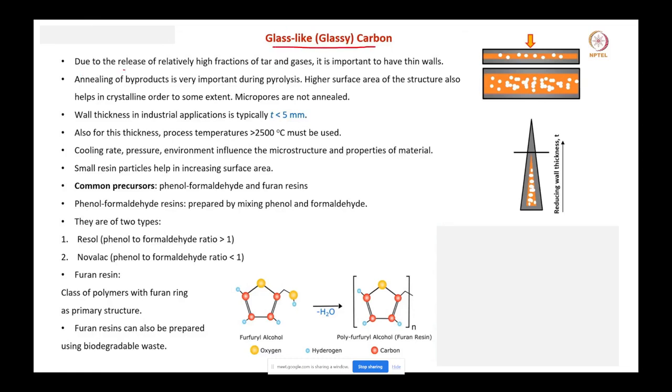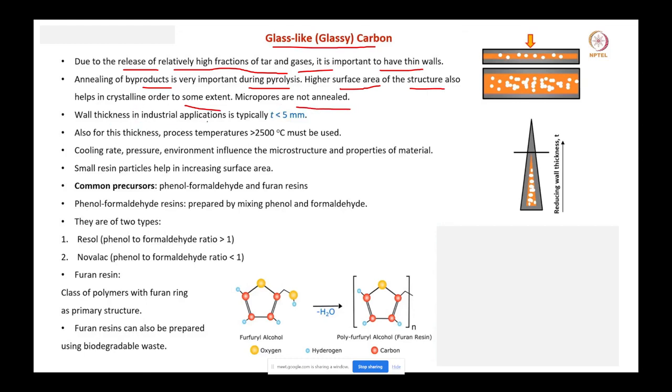Due to the release of a relatively high fraction of tar and gases, it is important to have thin walls. Annealing of byproducts is very important during the pyrolysis. So when you are doing any pyrolysis heat treatment, the annealing of these byproducts is very important. High surface area of the structure also helps crystalline order to some extent, and micropores are not annealed.